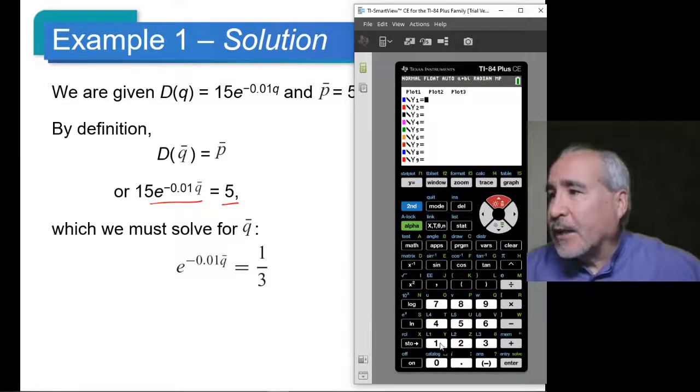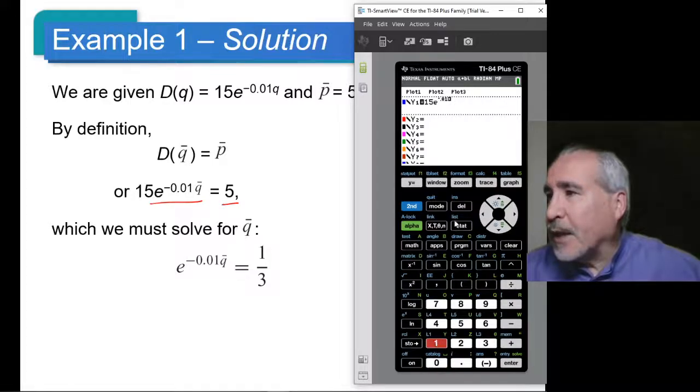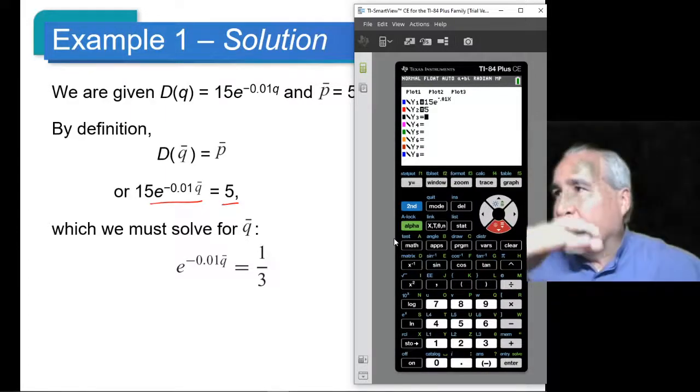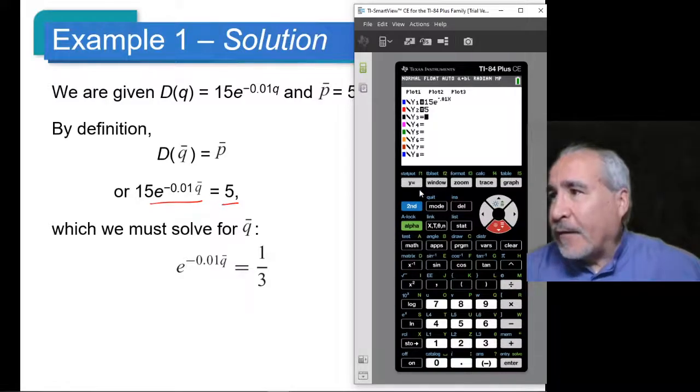So we'll take 15 e to the minus 0.01 x. That's what we're using for Q. That's one graph. The other graph is 5. Remember, in this case, P is going to be our Y value.